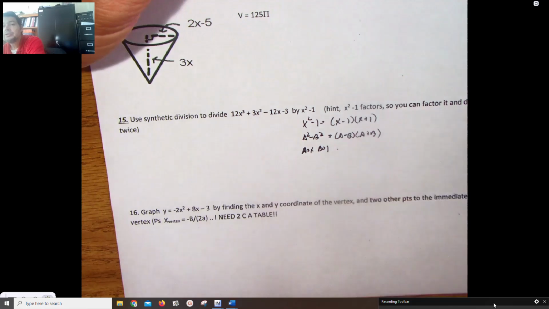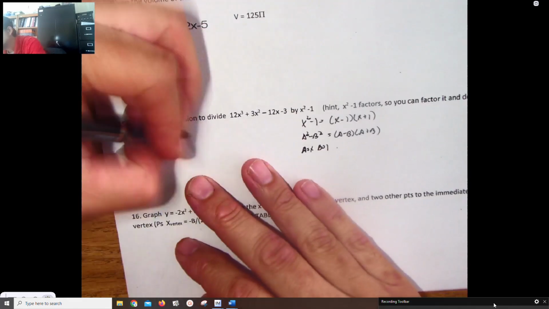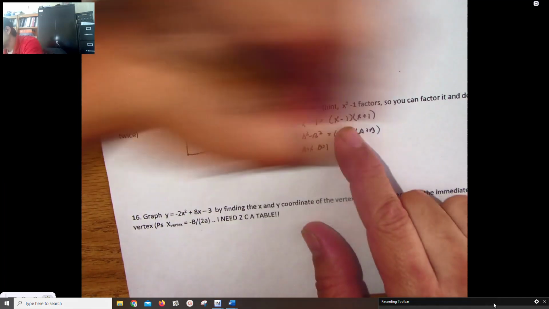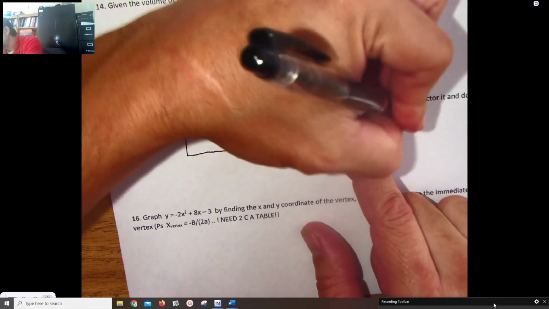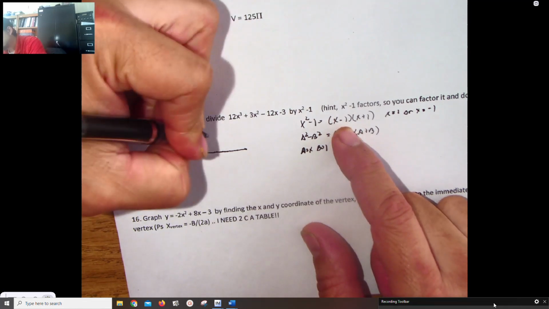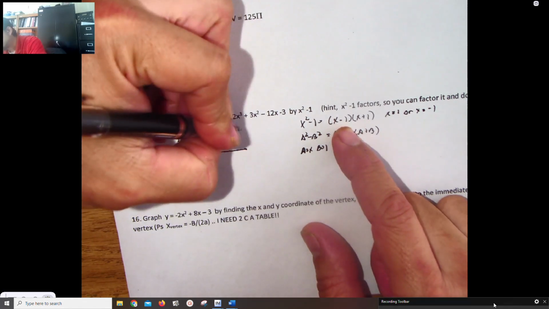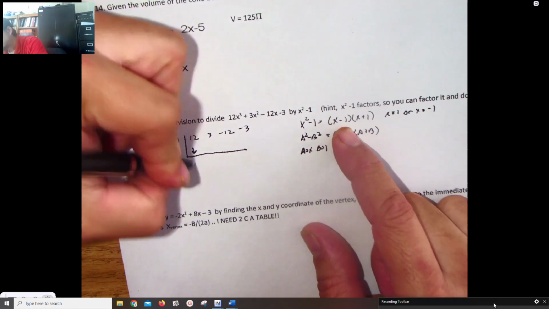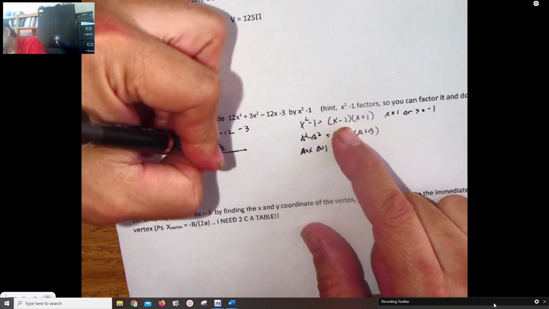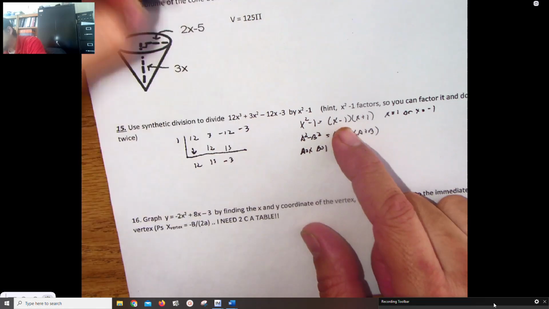If something factors, you can actually turn around and do synthetic division with it. So I'm going to go after the first one here where x is 1 or x is negative 1. So if x is 1, I got a 12, a 3, a negative 12, and a negative 3. And I drop, and I multiply, and I add, and I multiply, and I add.